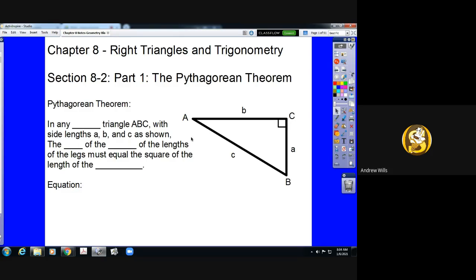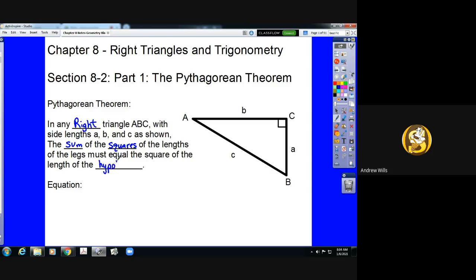So just as a reminder, the Pythagorean theorem reads, in any right triangle ABC, and it does only apply to right triangles, with side lengths A, B, and C as shown in the picture on the right, the sum of the squares of the lengths of the legs must equal the square of the length of the hypotenuse.